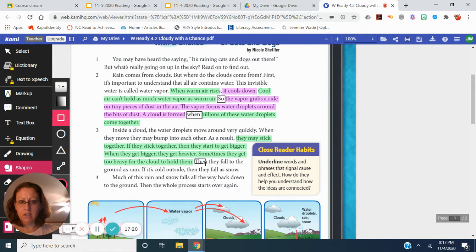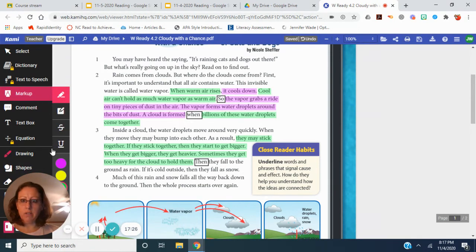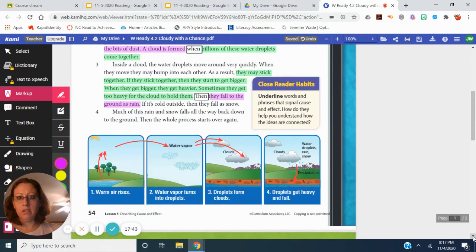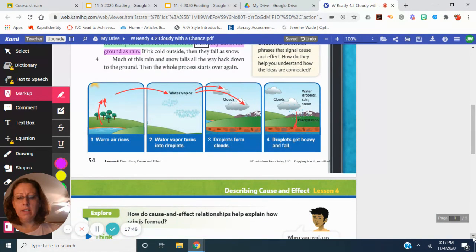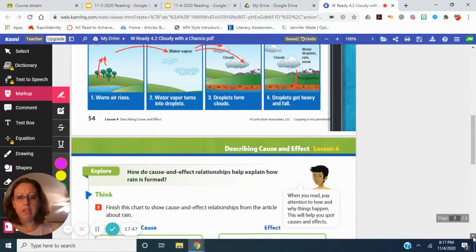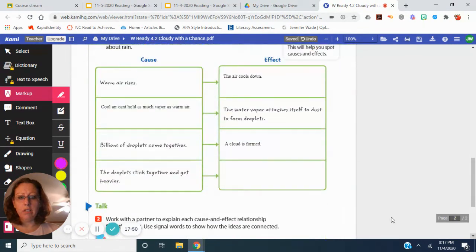Then, okay, and it tells us if they are too heavy, they fall to the ground as rain. So that's our last effect. And it does say if it's cold outside, they fall as snow. So I'm going to add that here.